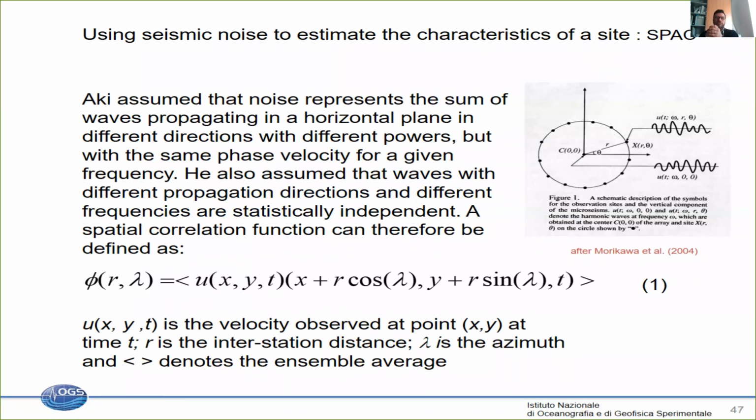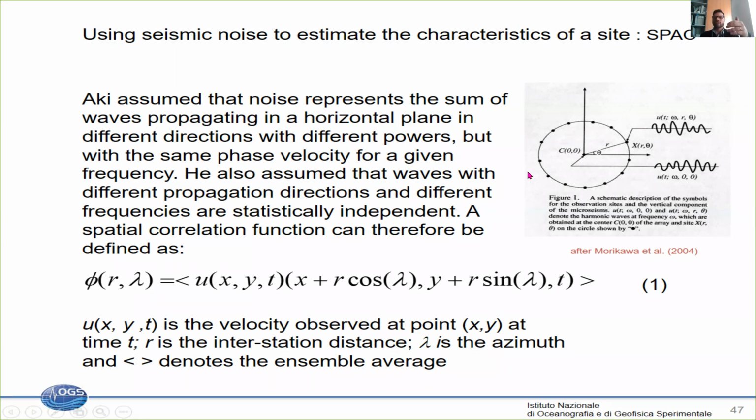So he was assuming that seismic noise is made mainly of many waves propagating in the horizontal plane, coming from different directions and with different random powers. But all these waves, for every frequency, were propagating with the same phase velocity.